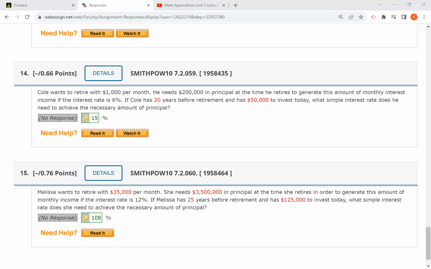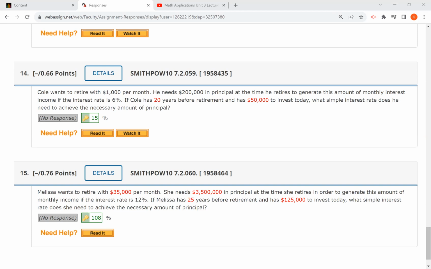So the "now" means there's some unneeded information. Right now, the $1,000 is not really needed. We don't really care that in the future he's going to get $1,000 from this $200,000 investment account. We also don't really care that in the future the interest rate would be 6% when he invests that $200,000.